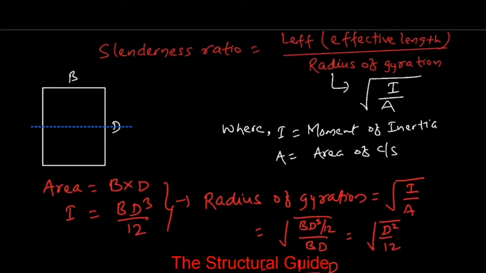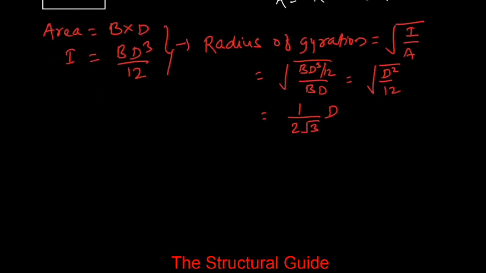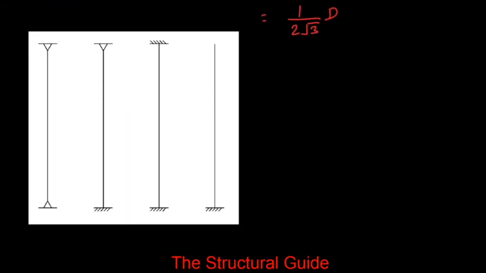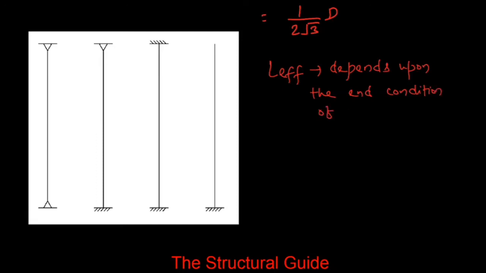So what about the L effective, the effective length of the column? In IS 456, the L effective, the effective length, depends upon the end condition of the column.